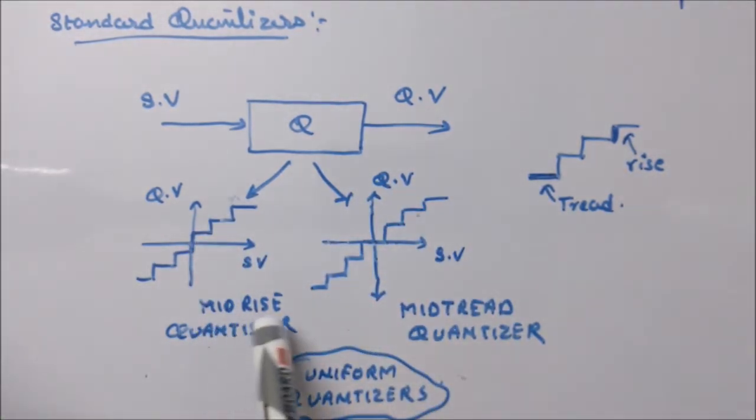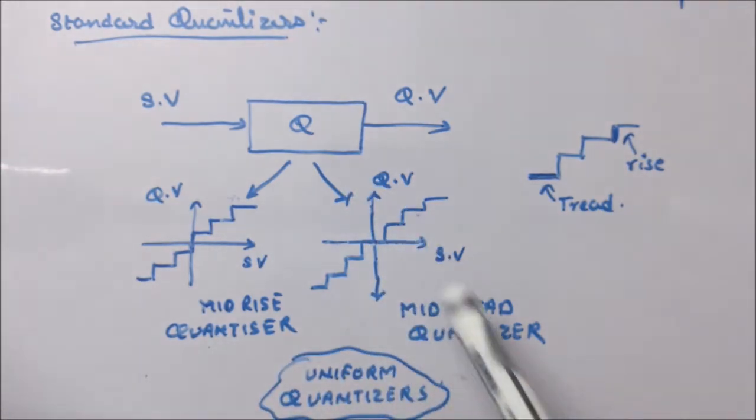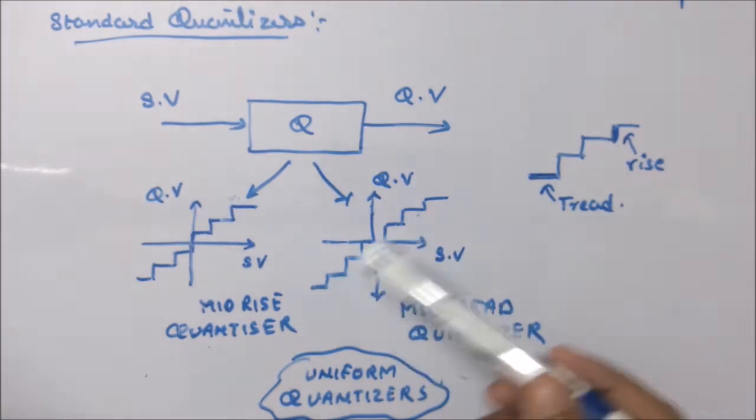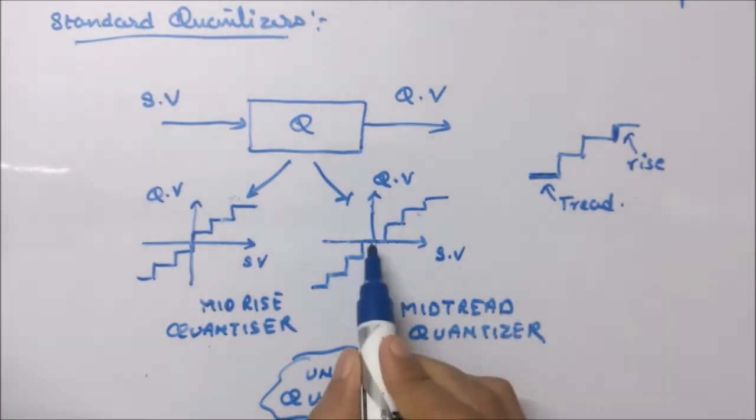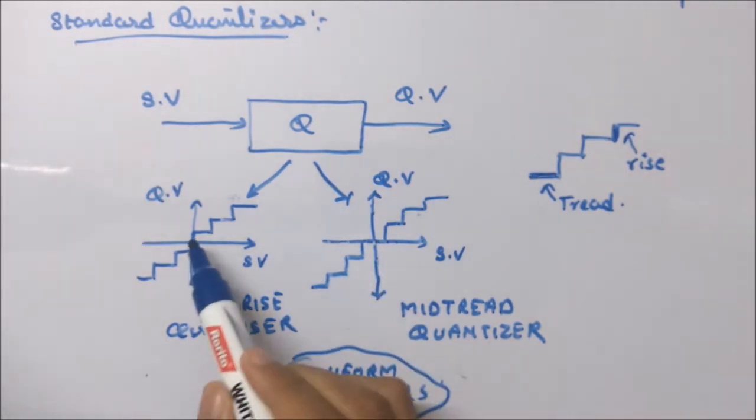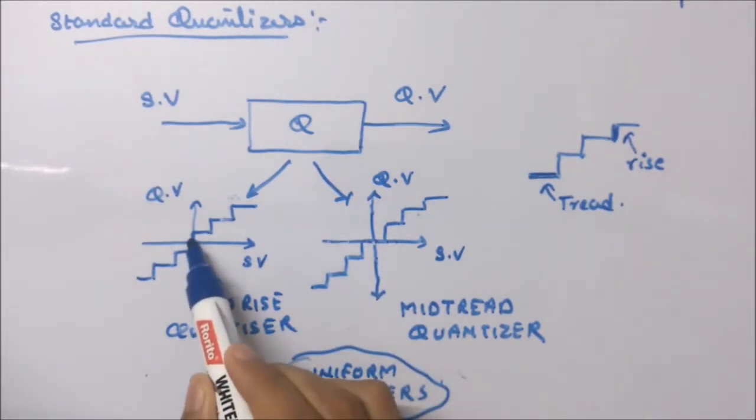Now one is called a mid-rise quantizer and one is called a mid-tread quantizer. These are uniform quantizers because you can see the characteristic is uniform. Mid-tread, why? Because if you look at the 0 location, the center is like this, and here the center is like this.